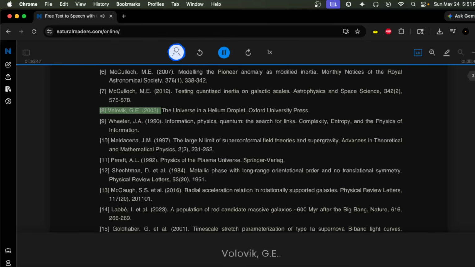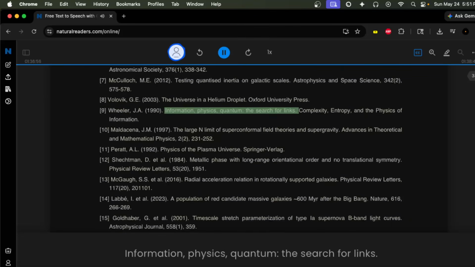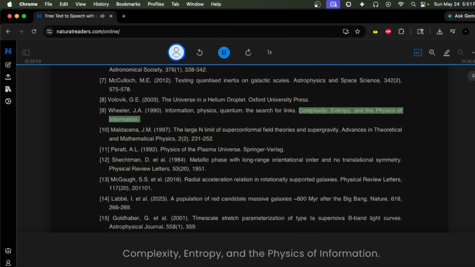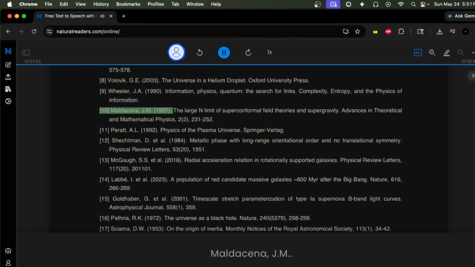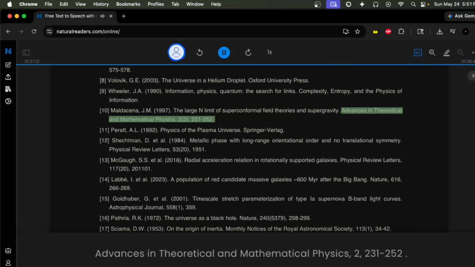Volovik, G.E. The Universe in a Helium Droplet. Oxford University Press. Wheeler, J.A. Information, Physics, Quantum: The Search for Links. Complexity, Entropy, and the Physics of Information. Maldacena, J.M. The Large N Limit of Superconformal Field Theories and Supergravity. Advances in Theoretical and Mathematical Physics, 2, 231-252.